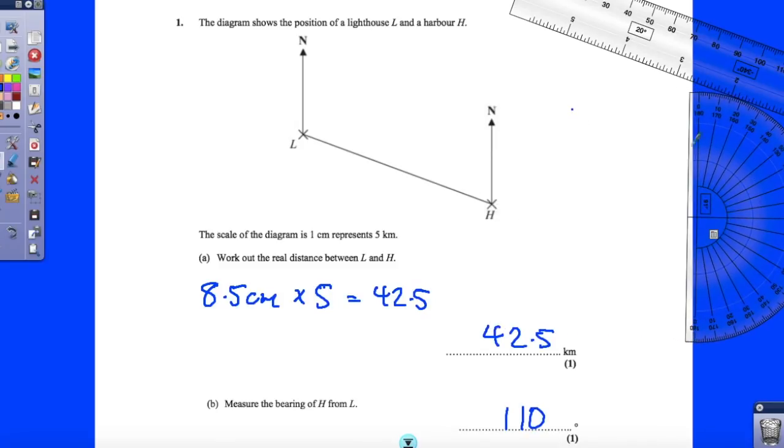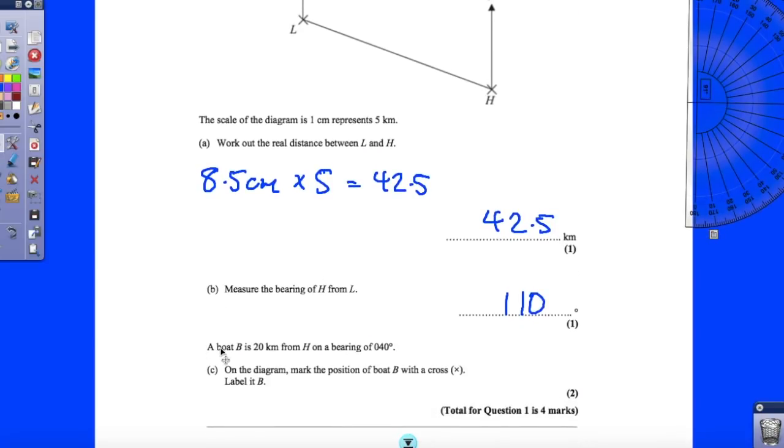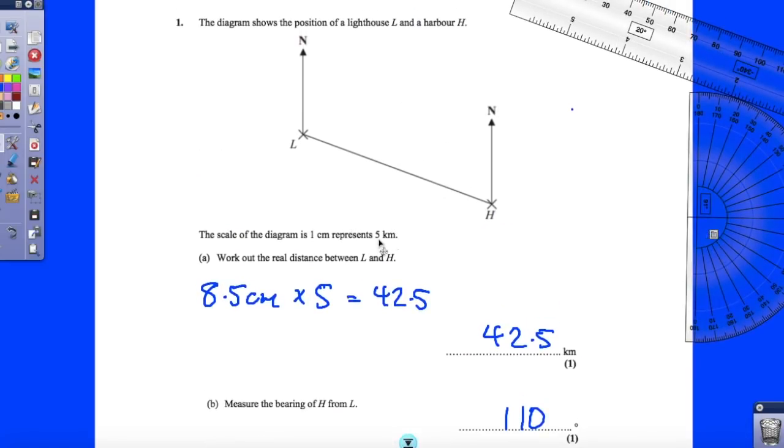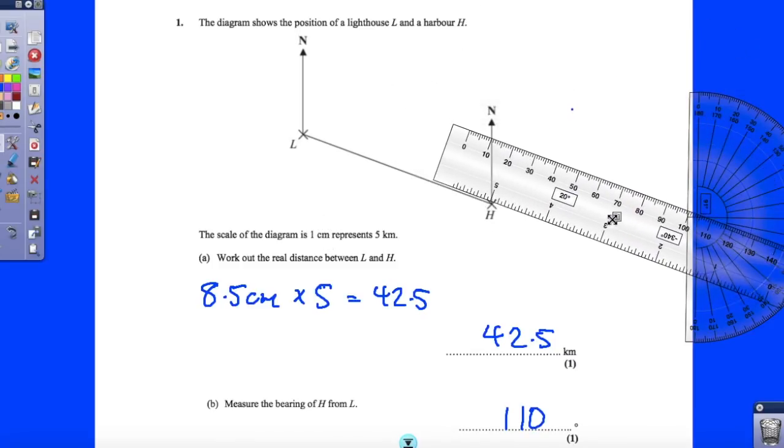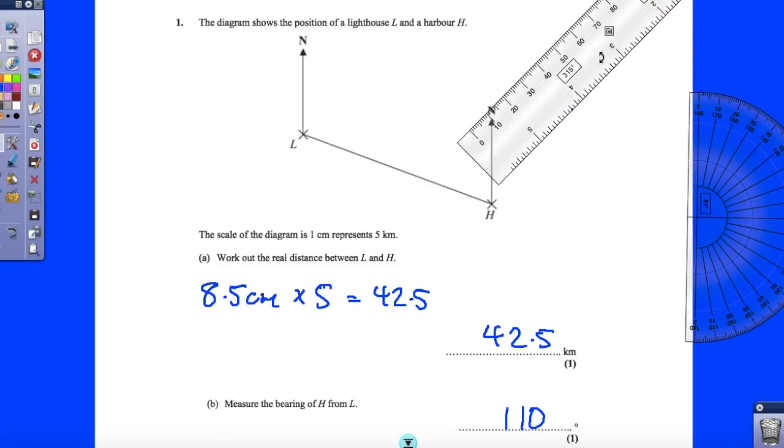Then we remove our protractor, and we need to take our ruler, and it says the boat B is 20 kilometers from H, so we need to measure a line of 4 centimeters because our scale is 5 kilometers for every 1 centimeter. So if the distance is 20 kilometers, that will be 4 centimeters on our scale.